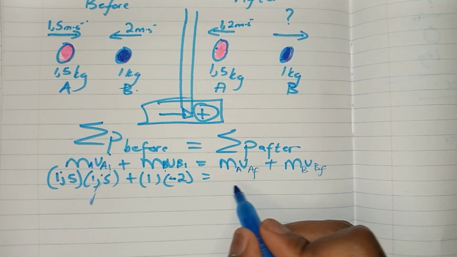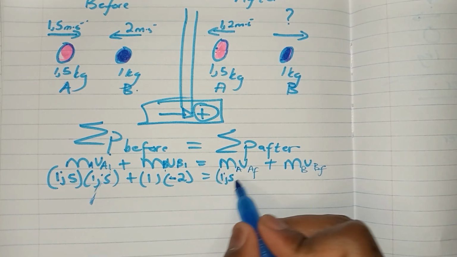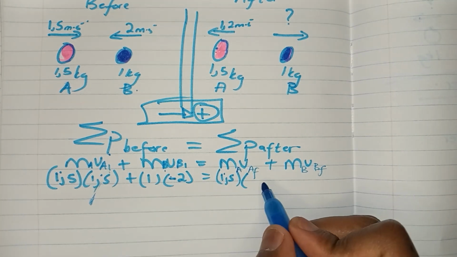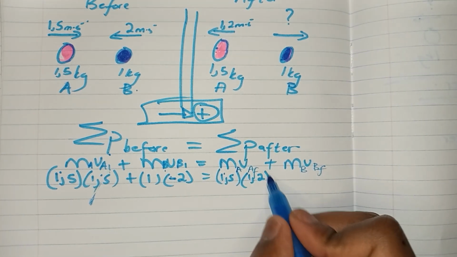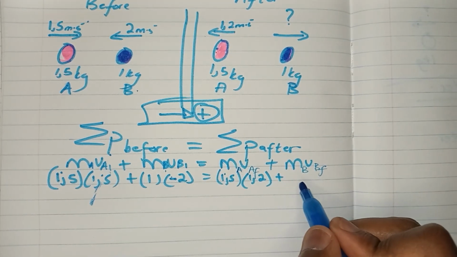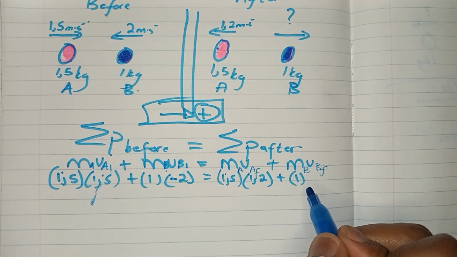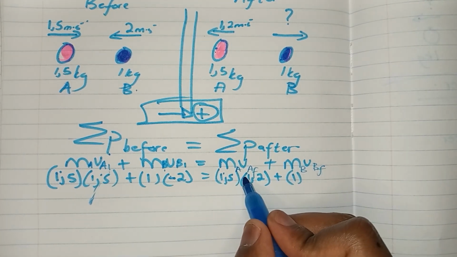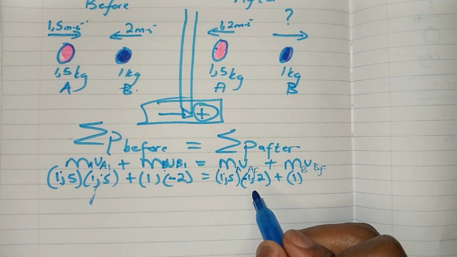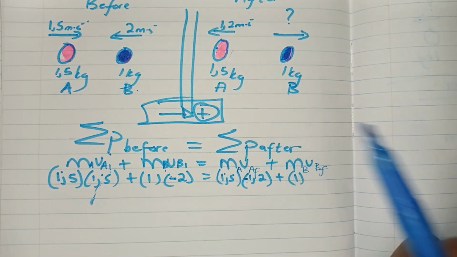On the right side we have the 1.5 kg ball with a velocity of 1.2, and please remember this is negative, because it's going to the left and we chose to the right as positive.